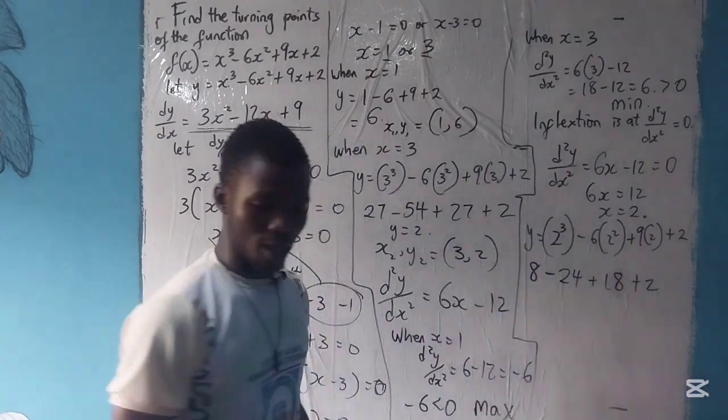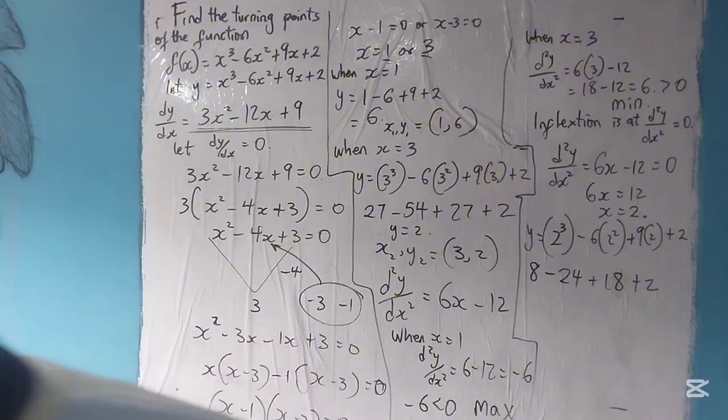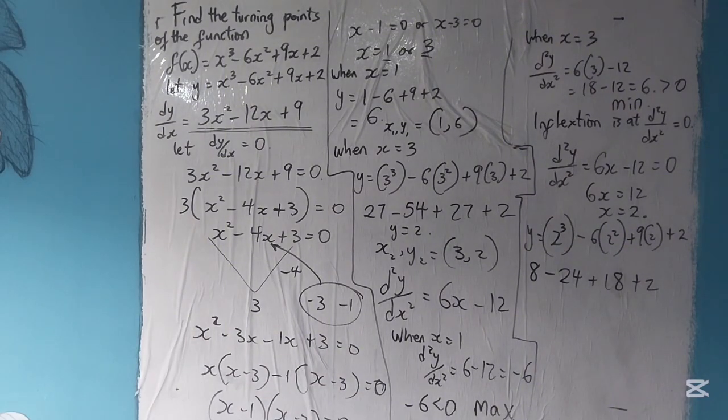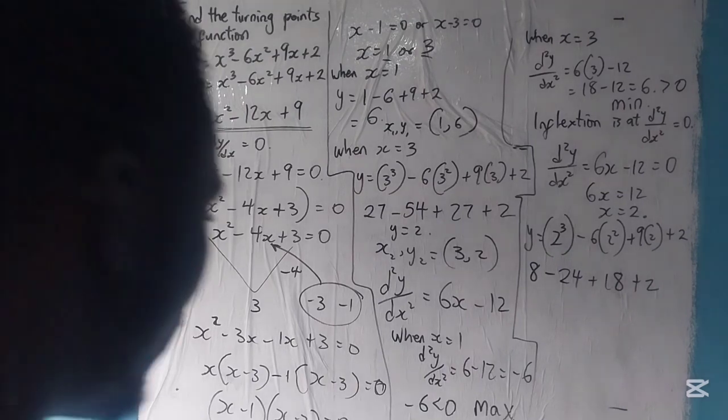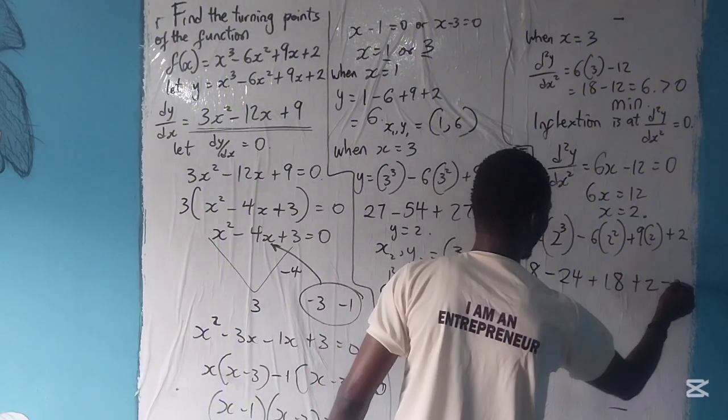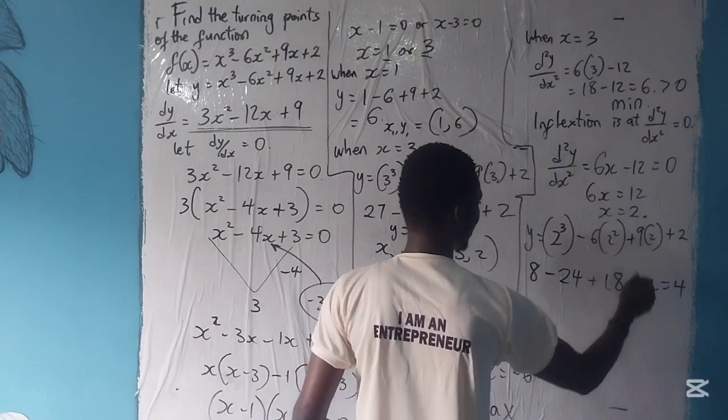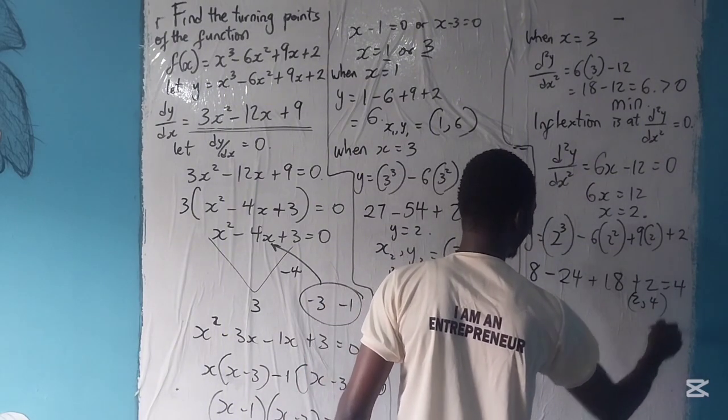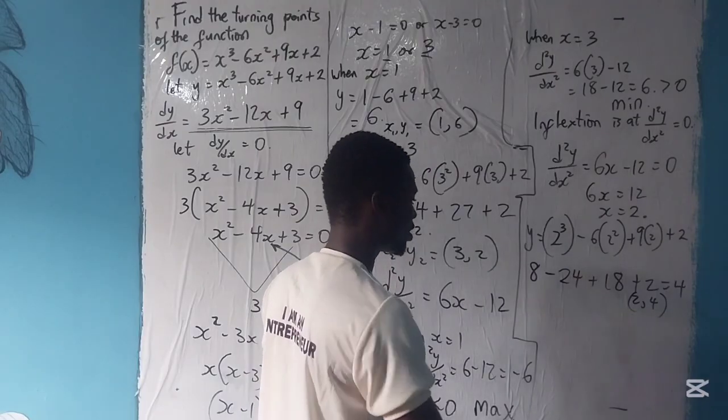So 8 minus 24 plus 18 plus 2 gives us 4, right? So y equals 4. That means our point of inflection is 2, 4, right? Now let's conclude based on everything we've been doing.